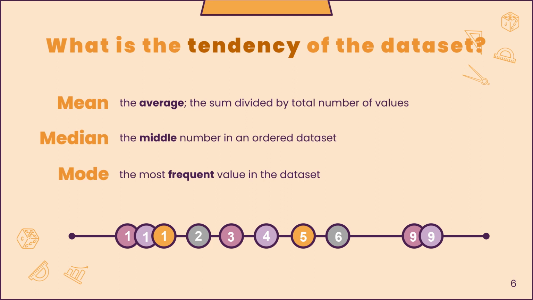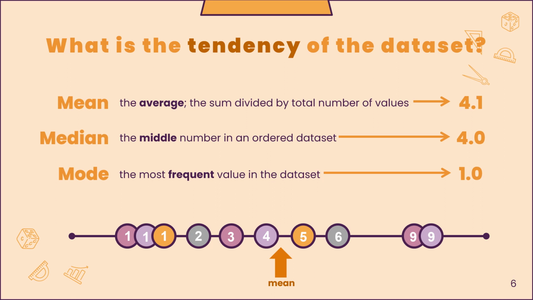That is the measure of central tendency that is most impacted by outliers. So in this very small made-up data set, the average is 4.1. But if we take the median, which accounts for those extreme outliers, the 2 9s on the end there, the median is 4.0. Now the median is the middle number in an ordered data set.